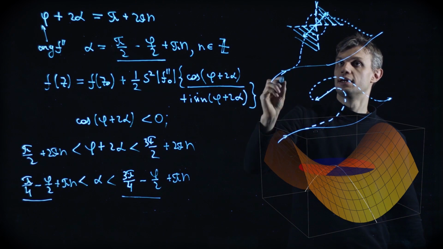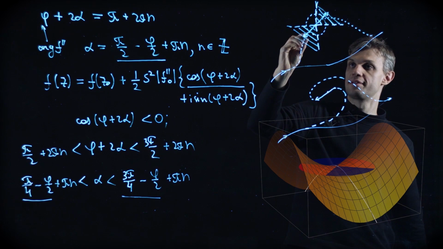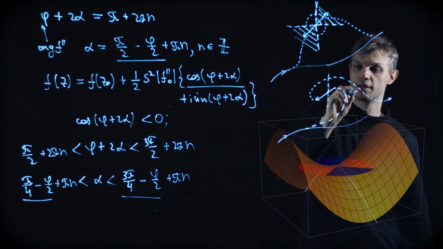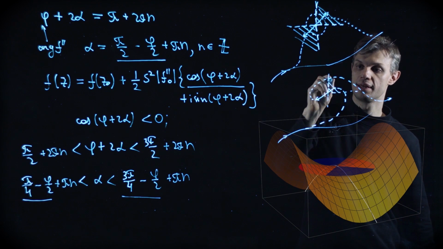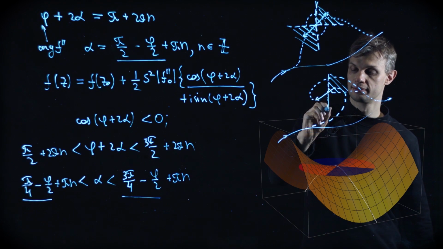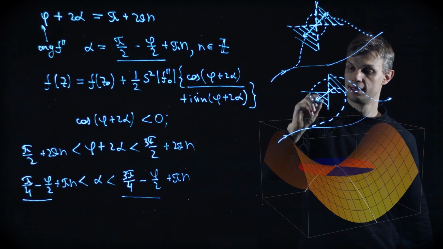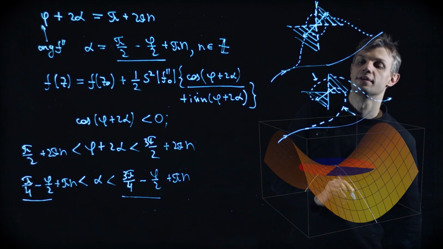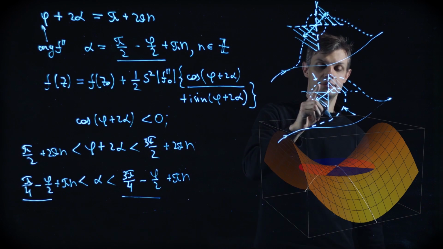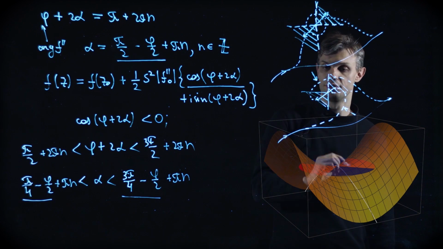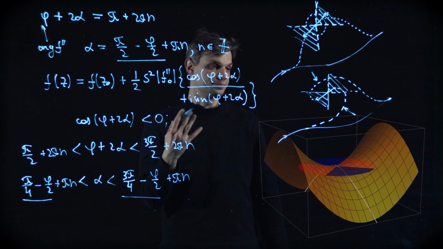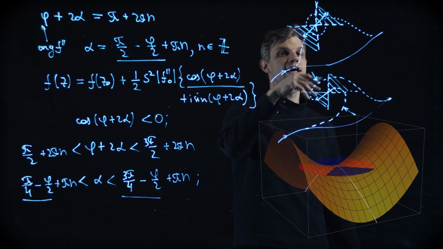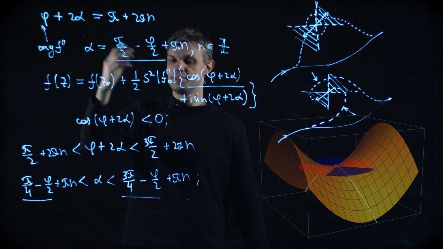Why? Because here the contour passes through the allowed regions, and here the allowed regions are like that. But the contour here and here clearly passes through the forbidden regions, and this is not good at all. So this is how we chose the correct steepest descent direction.